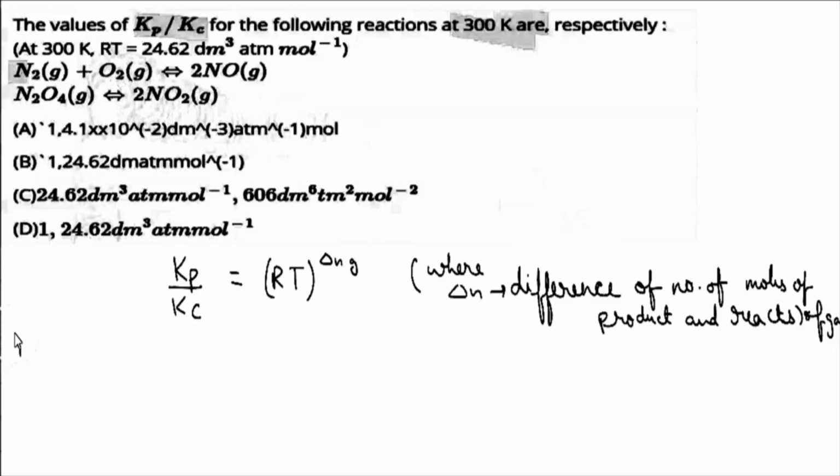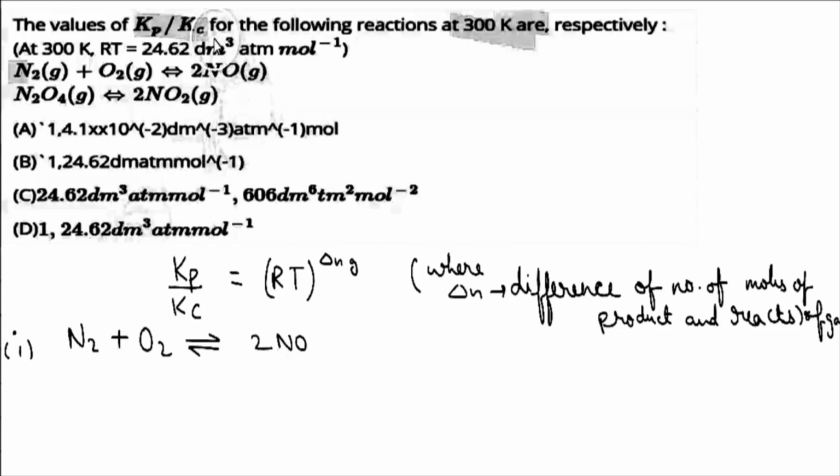So for reaction 1, N2 plus O2 gives us 2NO.